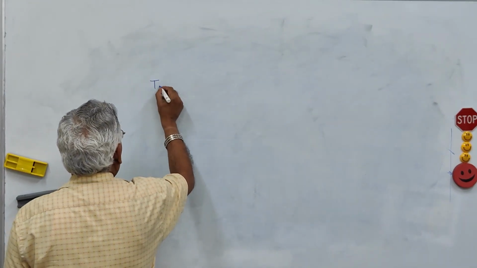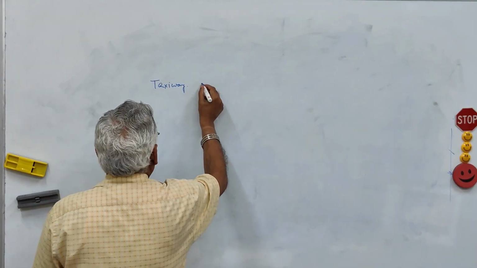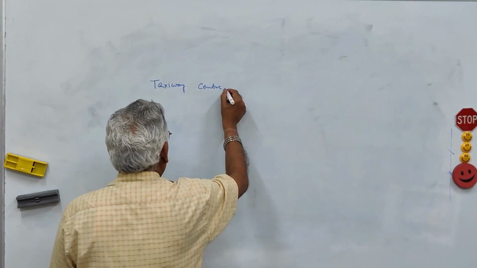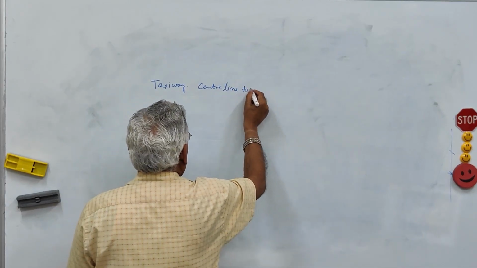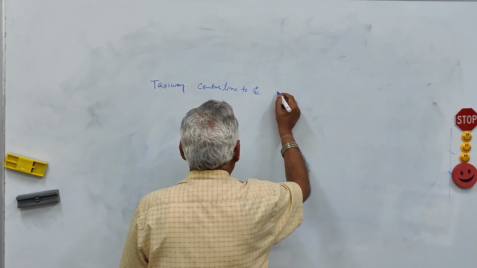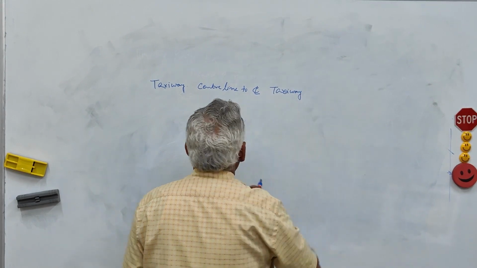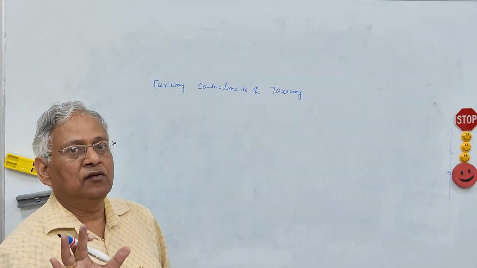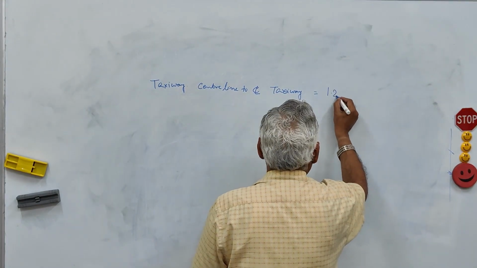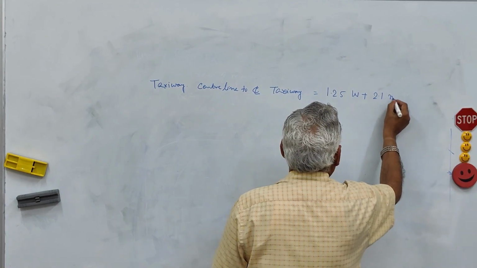Taxiway center line to center line, means center line of two parallel taxiways, this distance is 1.25 W plus 2.1 meter.